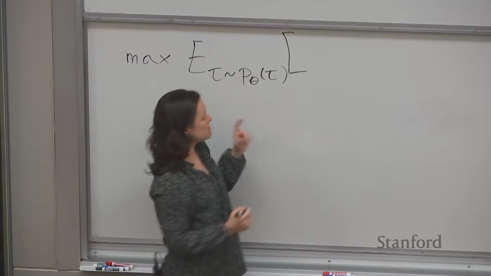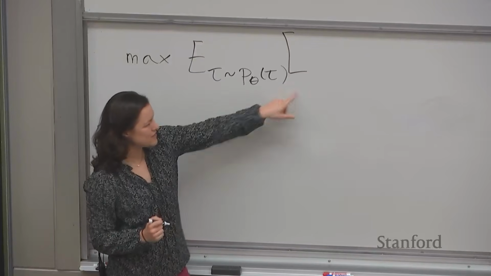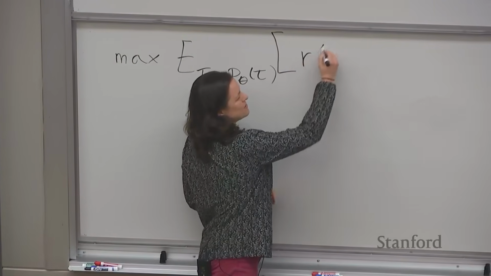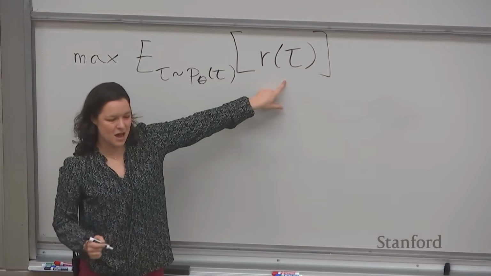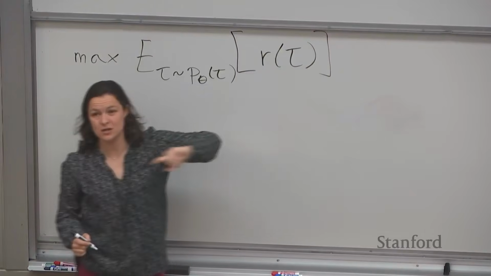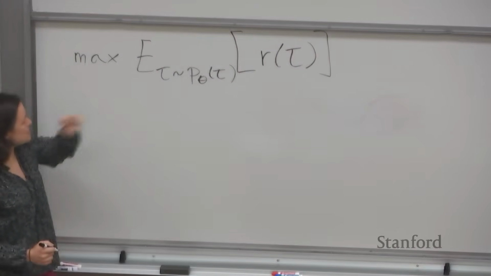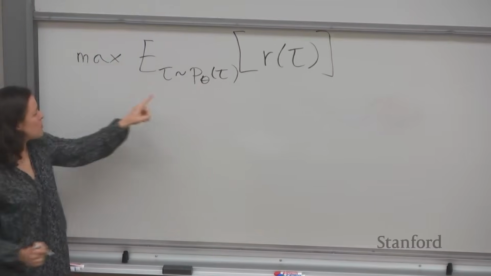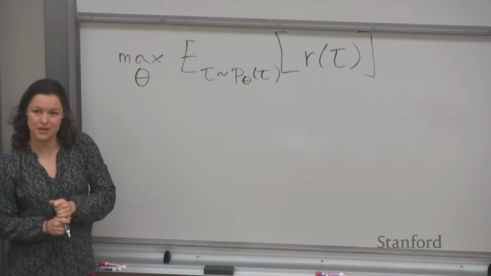Our goal is to maximize the sum of rewards. I'm going to use shorthand R of tau, which just means the sum of the rewards along that trajectory. So our goal is to maximize the rewards, and we're going to maximize this with respect to our policy parameters theta.